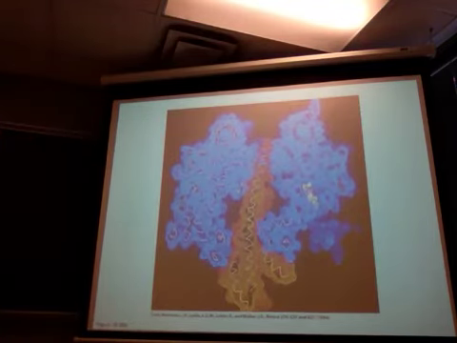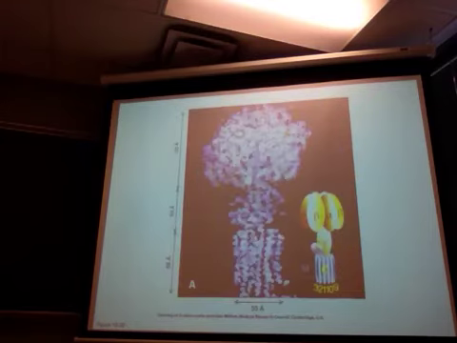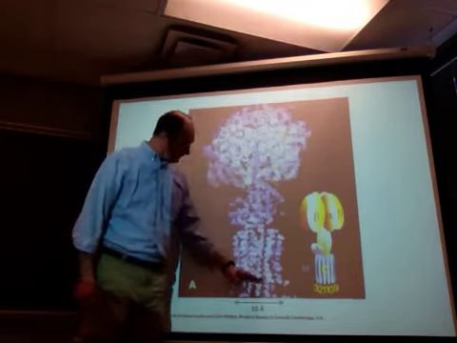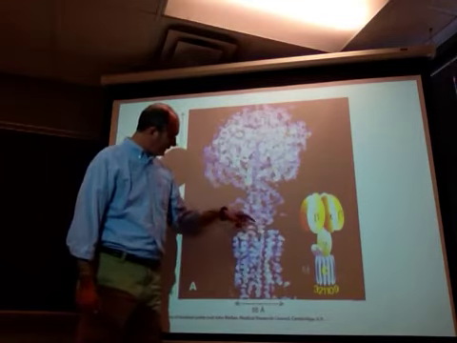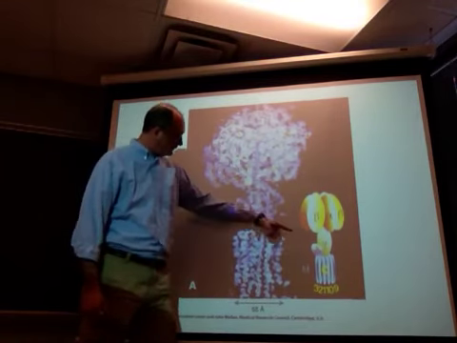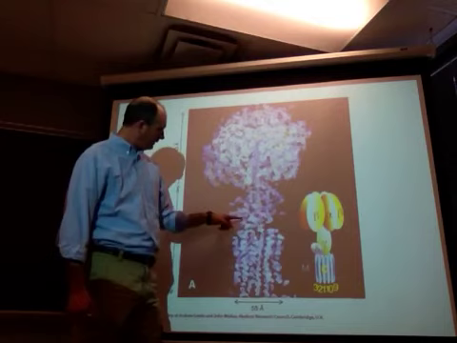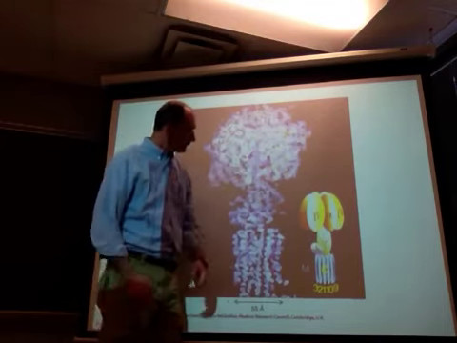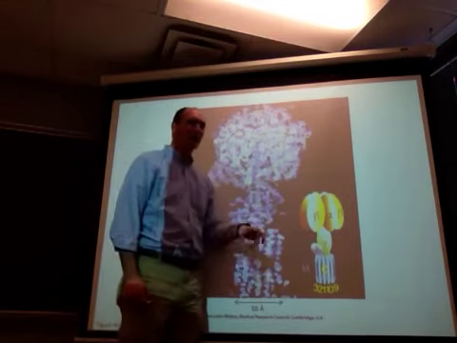This is a space-filling model. This is looking down the core. This is showing essentially the whole thing, a model of the whole thing. So this is embedded in the membrane, right? There's this stem, which is a gamma subunit, and then there's this globular head, which is a trimer of dimers.